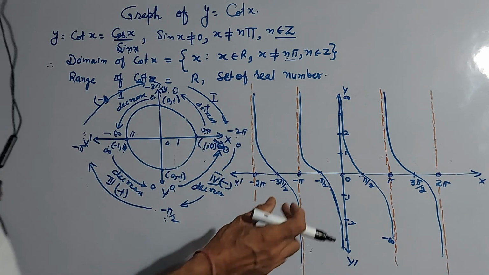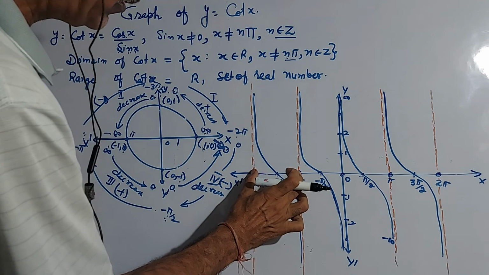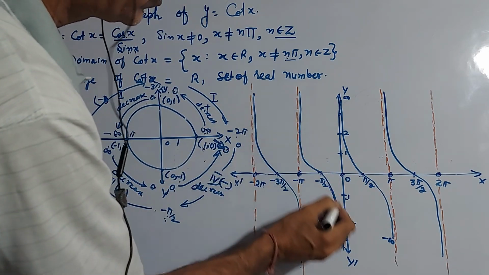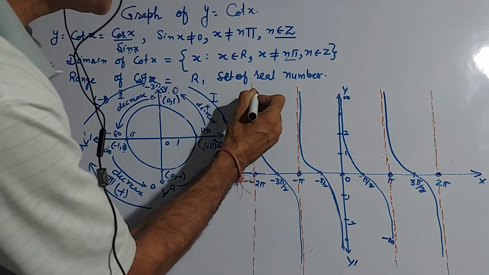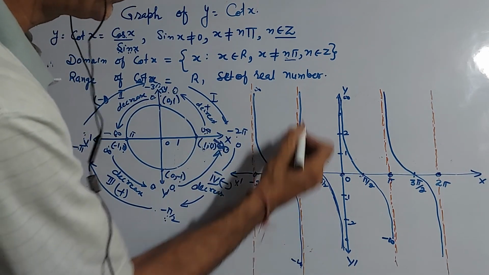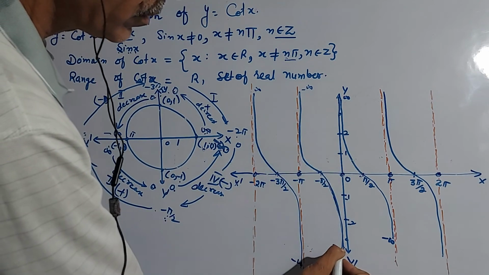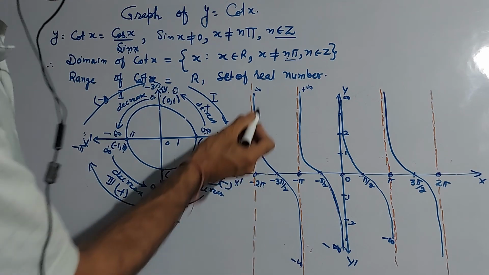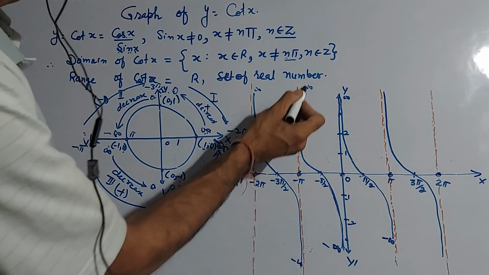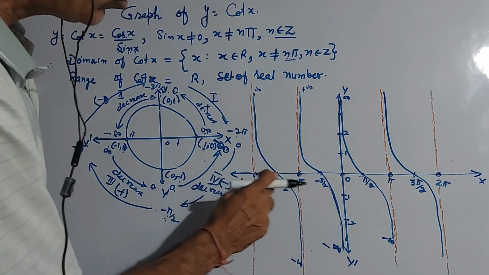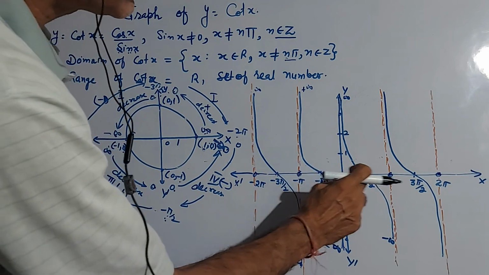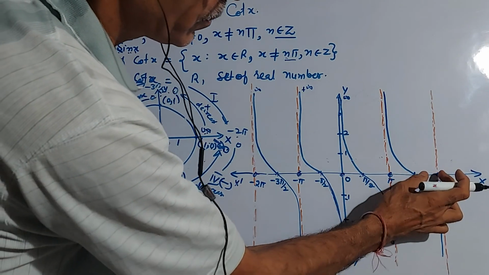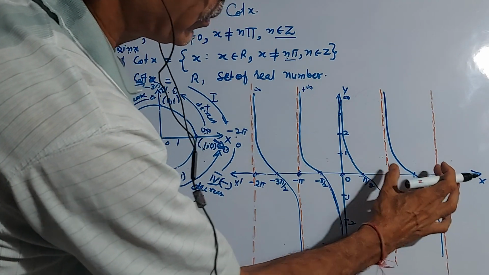Now see here, in this complete curve, the values are repeating. This is infinity, this is minus infinity, this is plus infinity, this is minus infinity. So this completes the set of real numbers, and this again completes it. The values are repeating. Now this part is 90 degree, and 90 plus 90 is 180 degree.